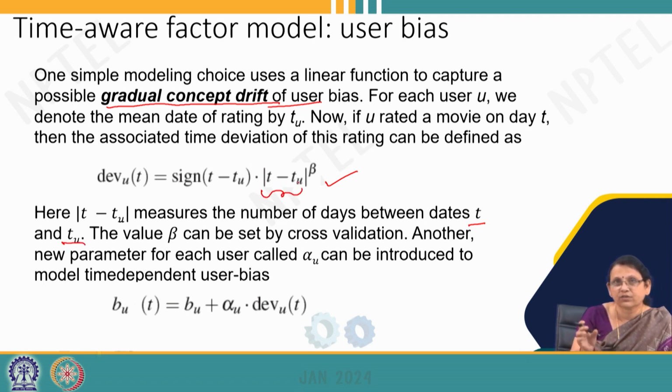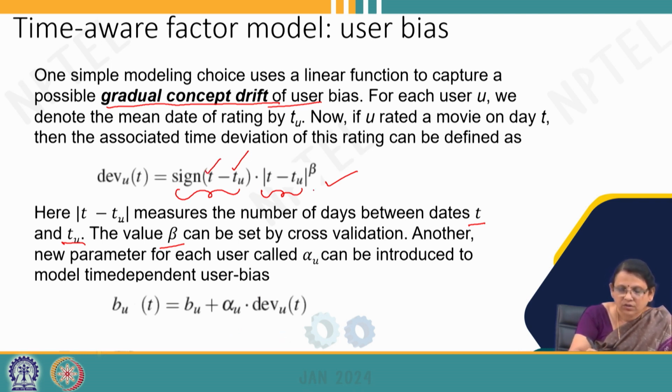T is the date. So, this is the difference, and we can put a certain beta to give certain weightage to this, and the sign function we have already seen. If this is higher, then this is going to be negative. If this is higher, this is going to be positive. If both are the same, this is going to be 0.